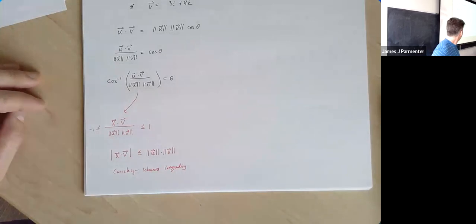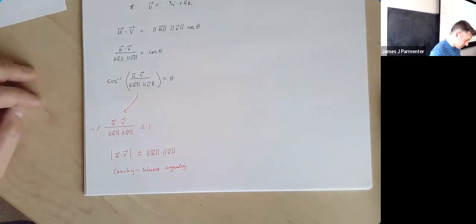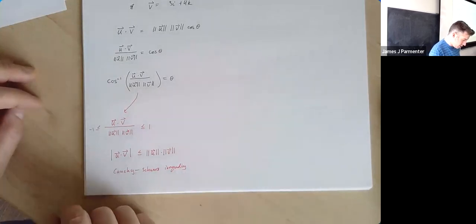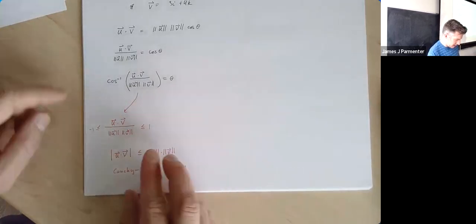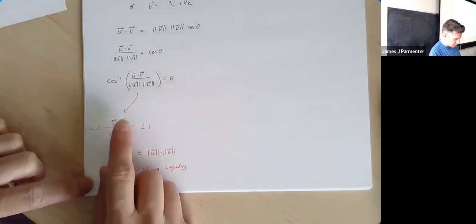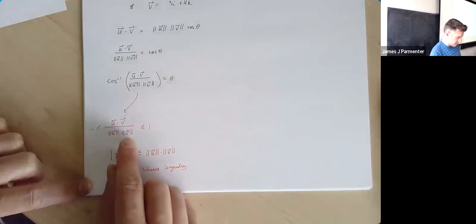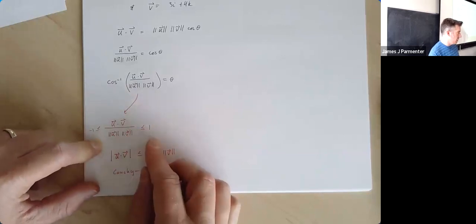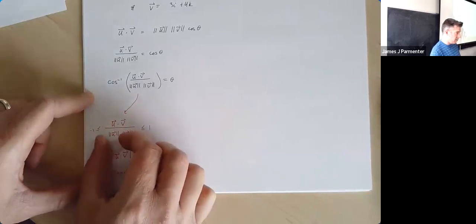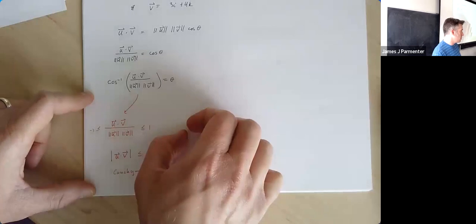Since the left side is a magnitude, it's an absolute value. What I really did was skip a step. Instead of saying u dot v over the magnitude of u times the magnitude of v is between -1 and 1, I'm just saying the absolute value of it is less than or equal to 1, and then I'm bringing the magnitudes up into the other side over here.